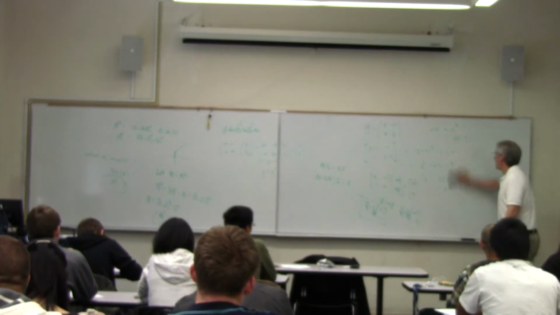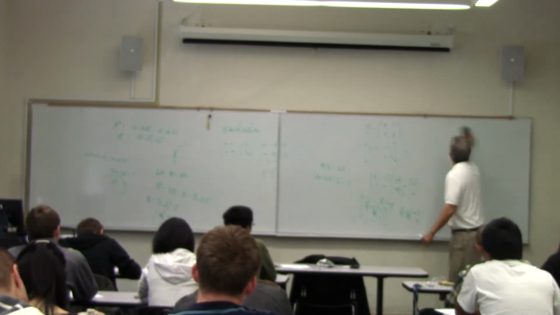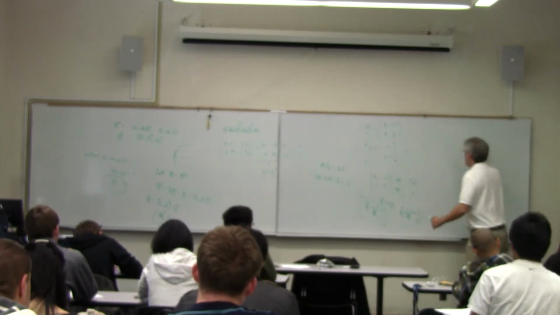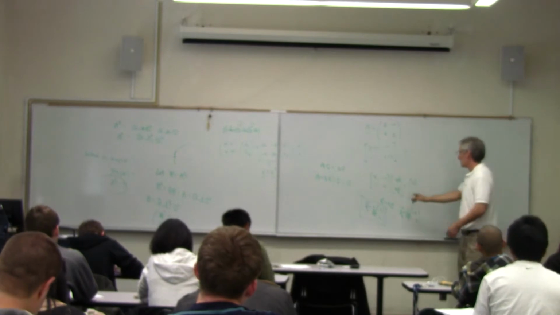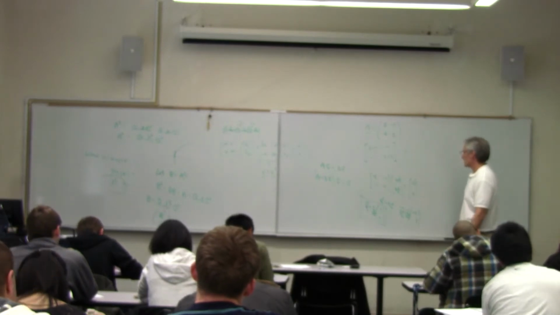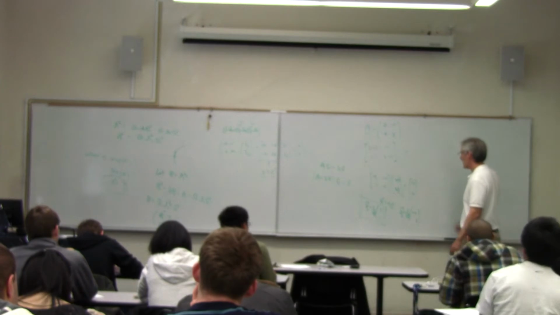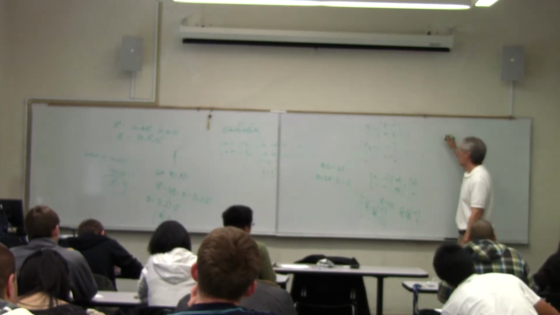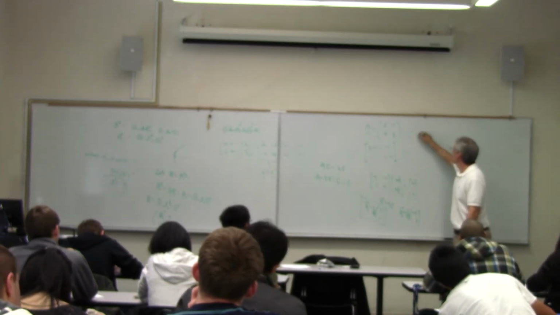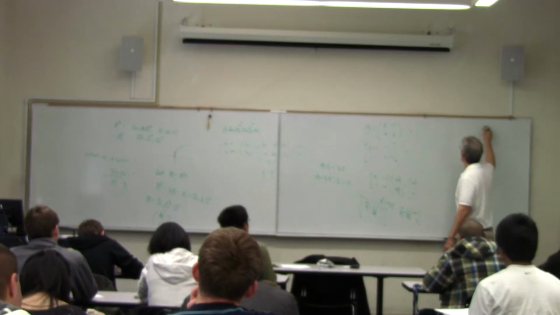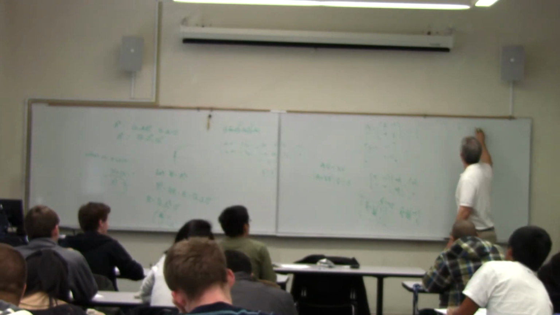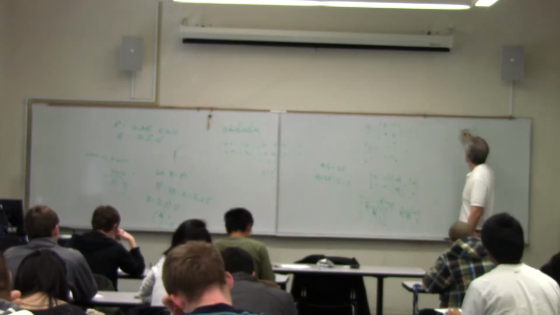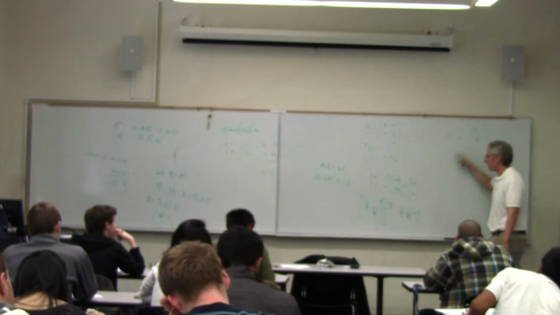Okay, so now my Q matrix is just these two columns stacked side by side. And so what I've shown is that, if all the calculations are right, my lambda matrix is this, lambda 1, lambda 2 on the diagonal.